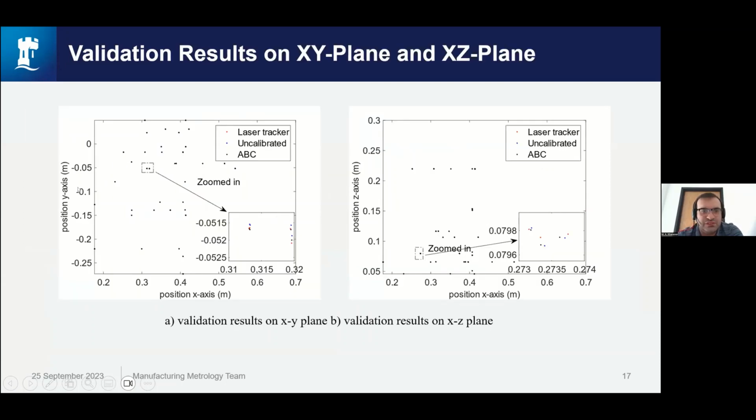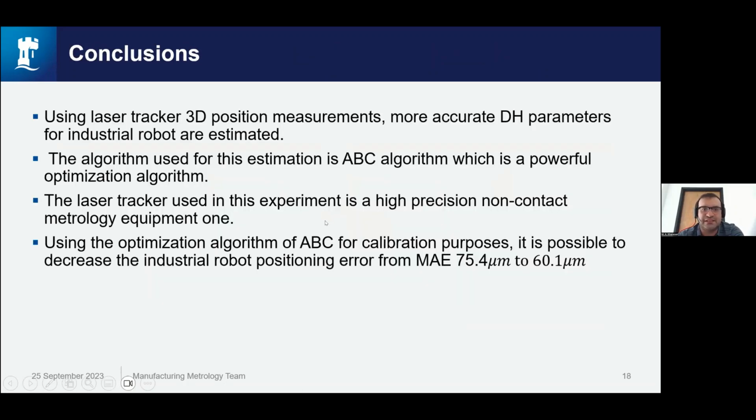In the 2D space, XY as well as XZ, as you can see here, we have better points. Laser tracker points are given in red, and the ABC algorithm in black, which shows that using the artificial bee colony calibration algorithm, it is possible to have position measurements much closer to the real values given by the laser tracker.